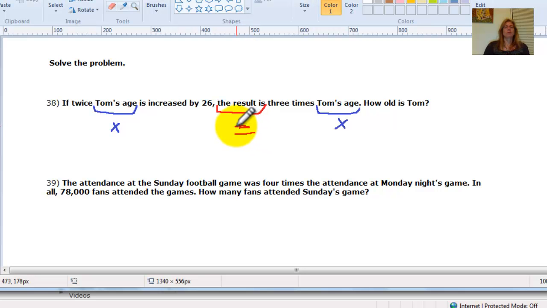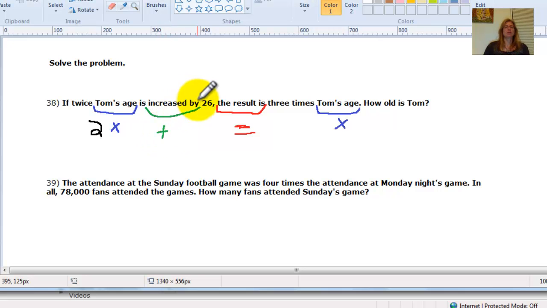So, if twice Tom's age, where Tom's age is x, is 2x, and it's increased by. So the phrase increased by means what? Hopefully you're saying addition. So that'd be a plus.